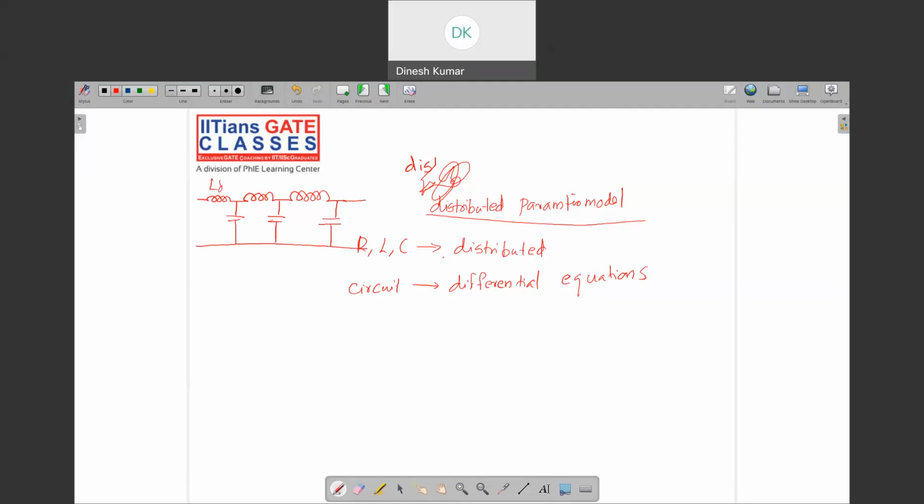So this will be L delta X, L delta X, L delta X, then CG delta X, CG delta X, CG delta X. And the important question is why there is no mutual inductance in a transmission line. Because we are only considering self-inductance, right? Why is there no mutual inductance?